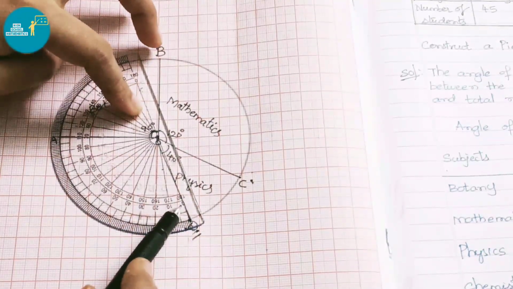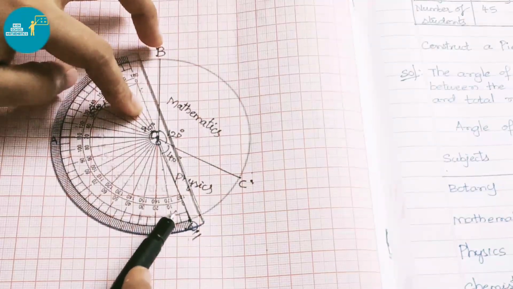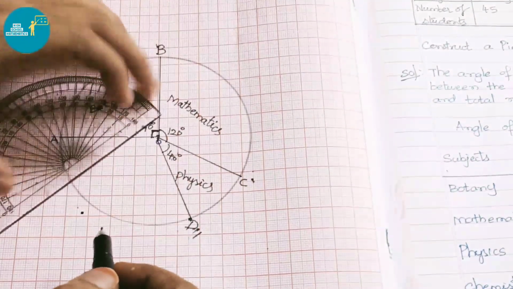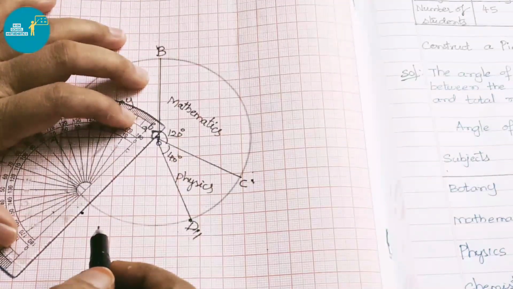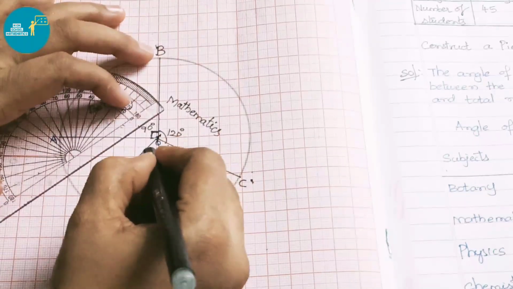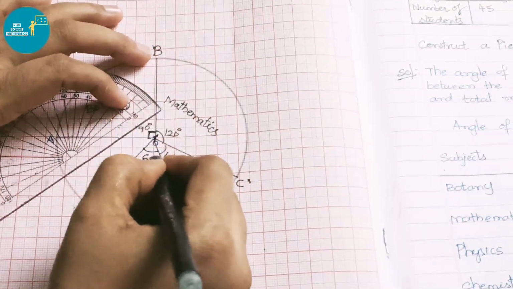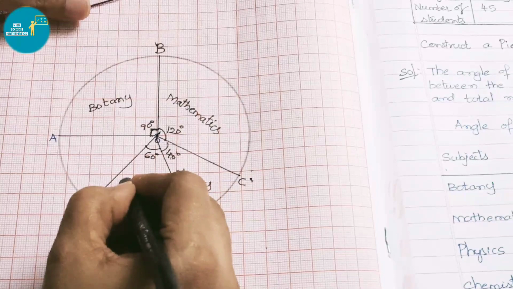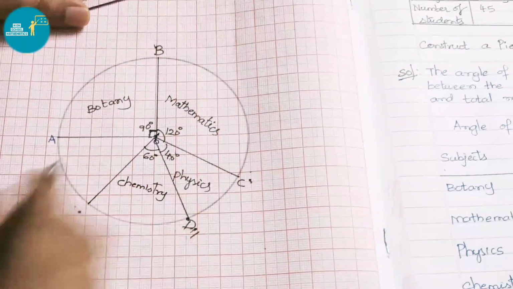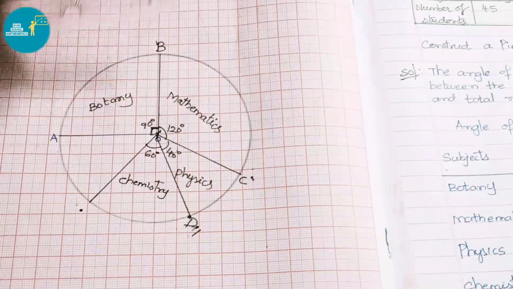Again you take this scale, left side scale, place a mark here. Now join them. Now we have written chemistry. Next one, economics is 20 degrees.